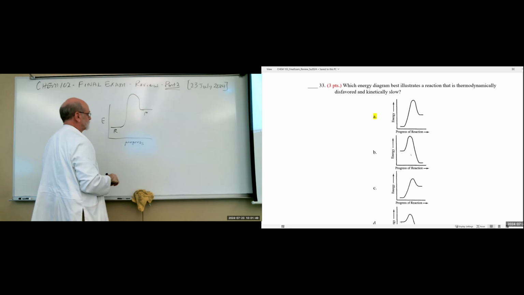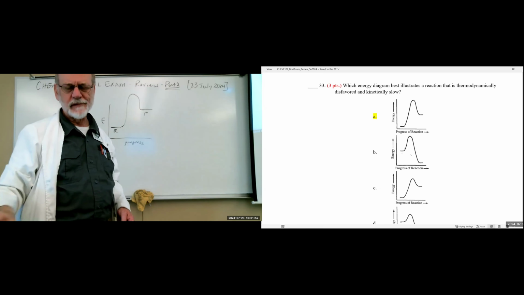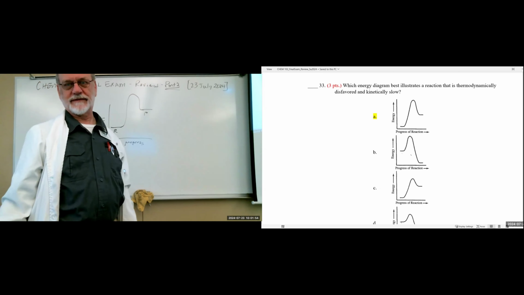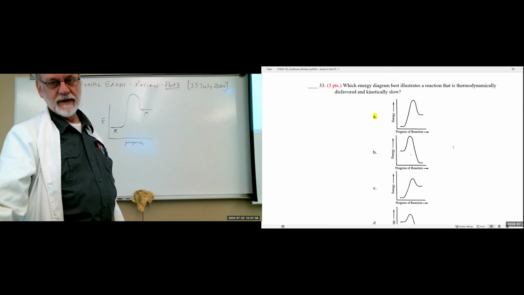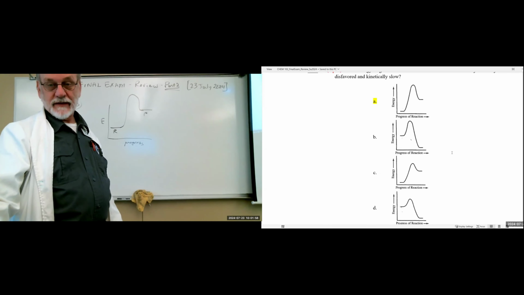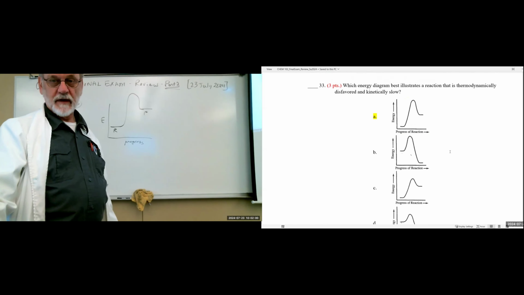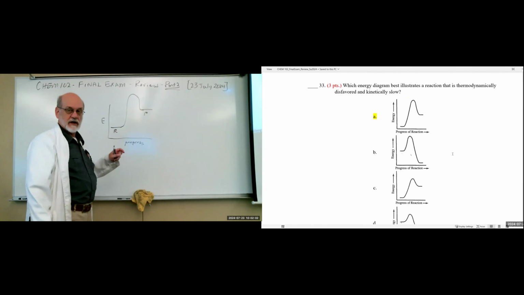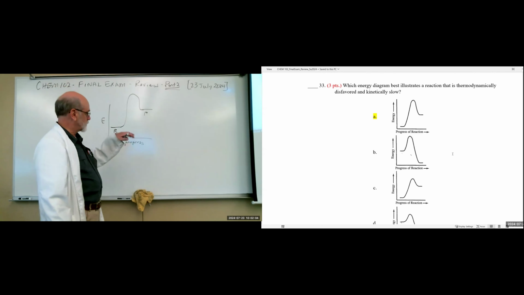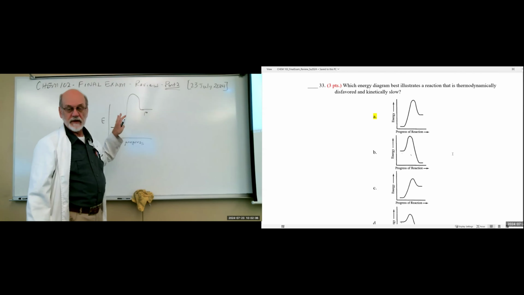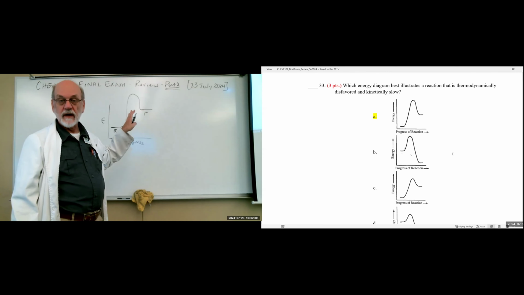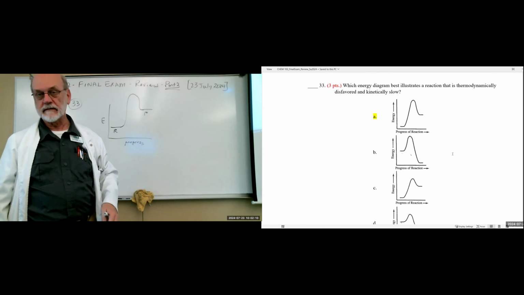Like that. So which one looks like that one? A. So right there in front of you. A is the best choice there. So we took the conditions and drew the energy diagram, and then all we had to do was just find it in our choices.